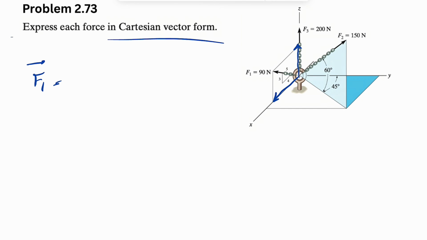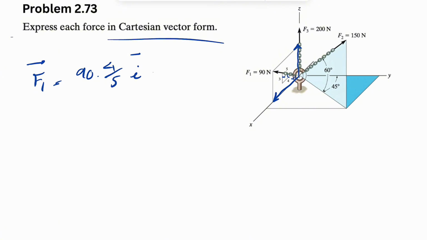If we call this angle alpha, F1 cosine of alpha is going to give us the X component, so 90 cosine of alpha. Because we have all the dimensions in the question, the cosine of alpha would be the adjacent over hypotenuse, which is 4 over 5, and obviously it's going to be positive because it acts along the positive axis.